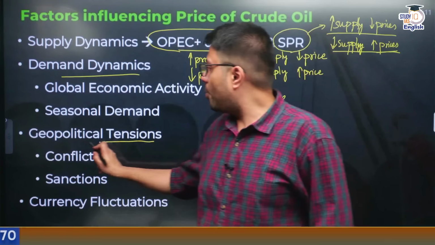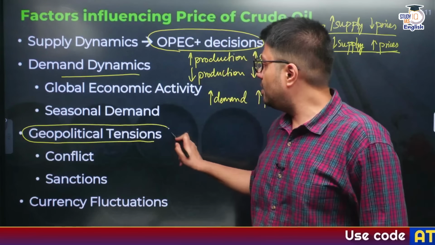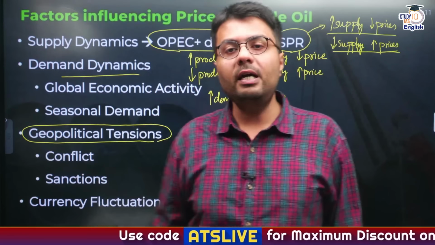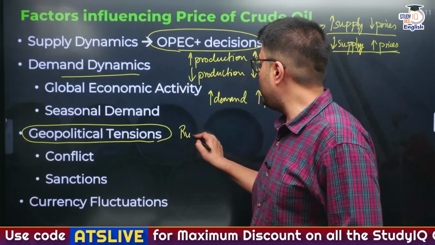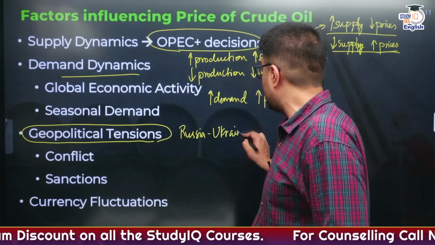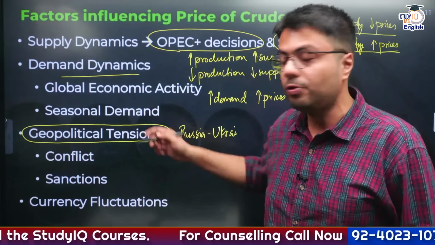Now, the major part that has played an important role in the past few years is geopolitical tensions. Where are geopolitical tensions happening? It is happening between Russia and Ukraine on one hand. Russia is a major producer of crude oil, which I have already told you, it is part of the OPEC Plus coalition.